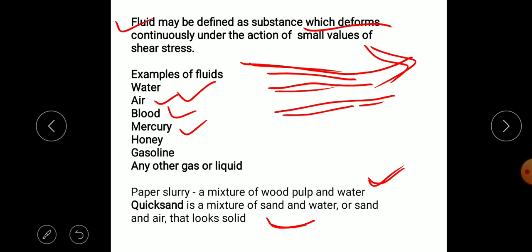All mechanical objects and a number of mechanical processes involve fluid flow. So we have to consider the different types of fluid, what their properties are, and how to measure those properties. Also, we are using petrol, diesel, water, milk. At that time, we have to measure the flow rates of the fluid.